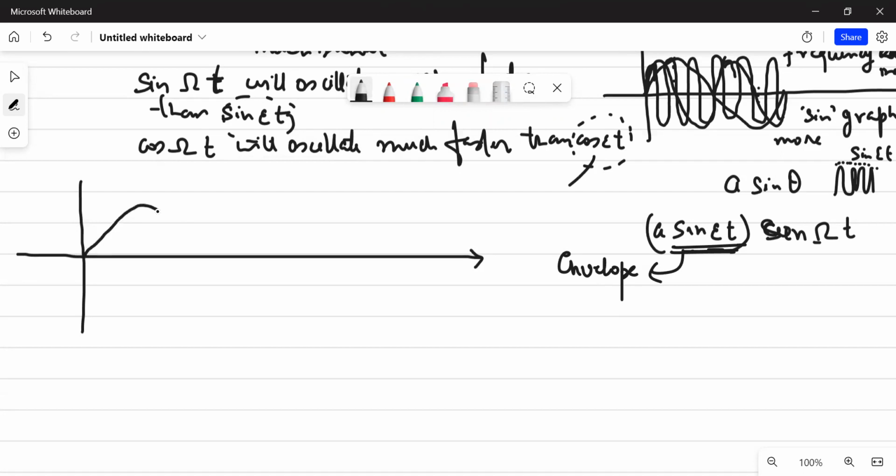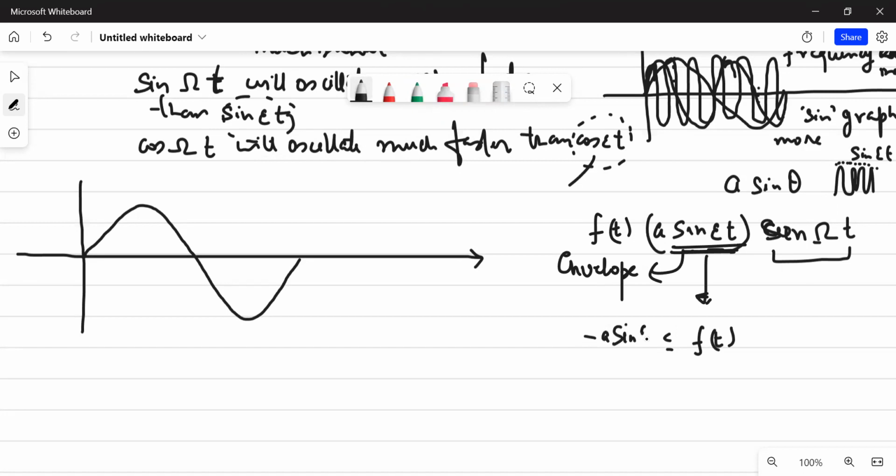So I'll make the graph of sine epsilon t. So like sine omega t, and the amplitude is this. I can write this as a function of time. It will be enveloped between minus A sine epsilon t to plus A sine epsilon t, because sine theta varies from -1 to 1 for all times.